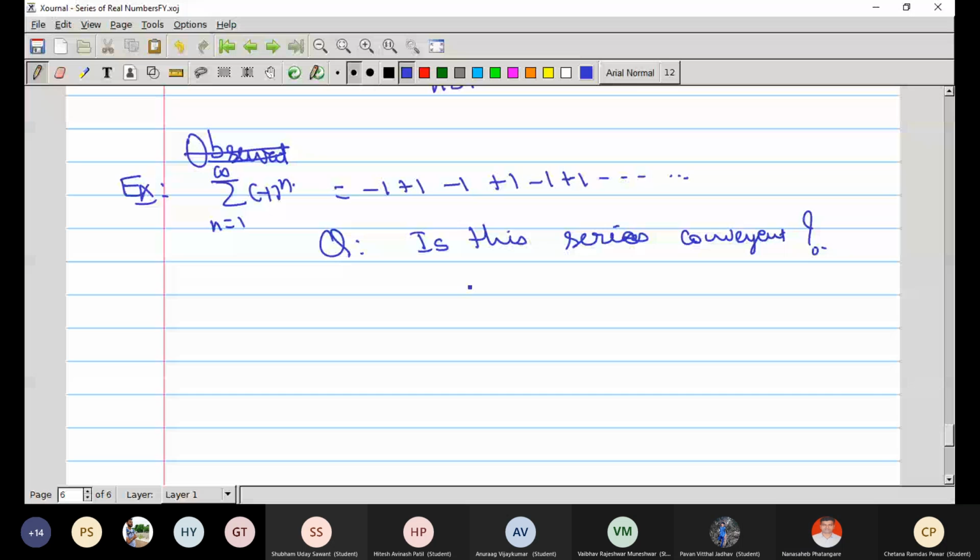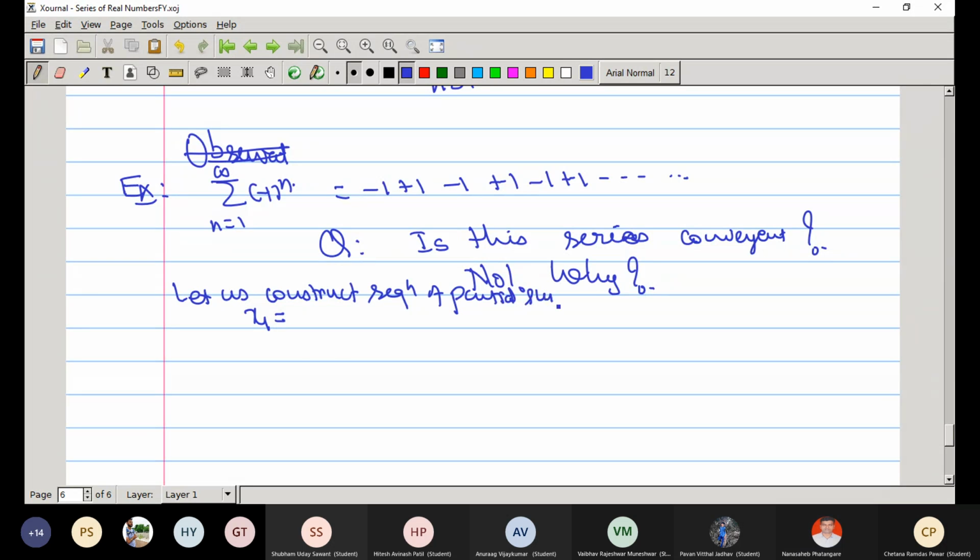Why? So let us look at the sequence of partial sums. What is x1? x1 is a1, and what is an here?